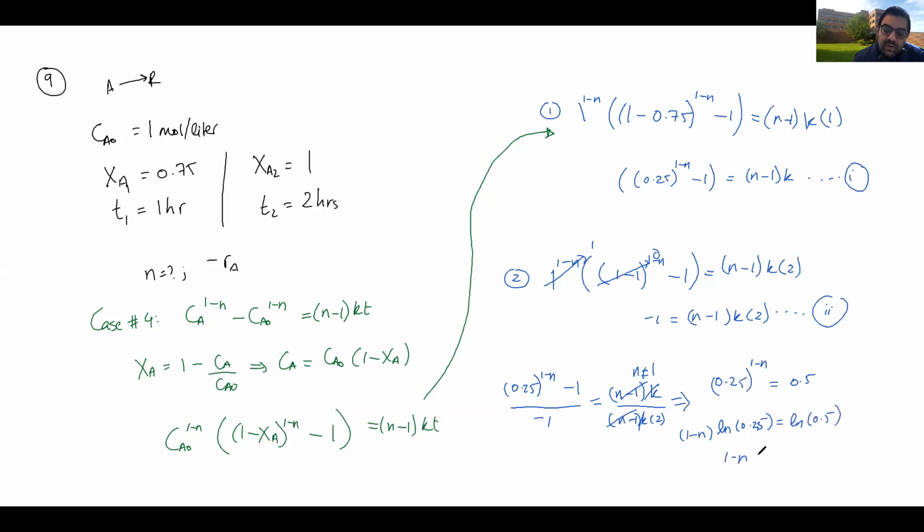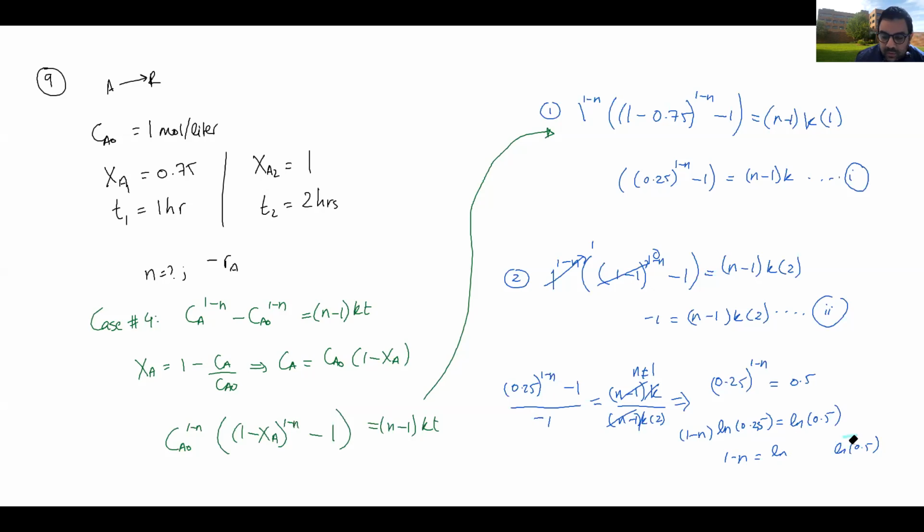So 1 minus N is equal to ln 0.5 divided by ln 0.25.